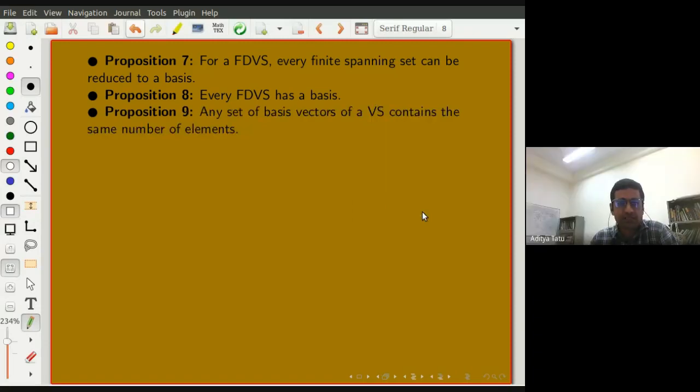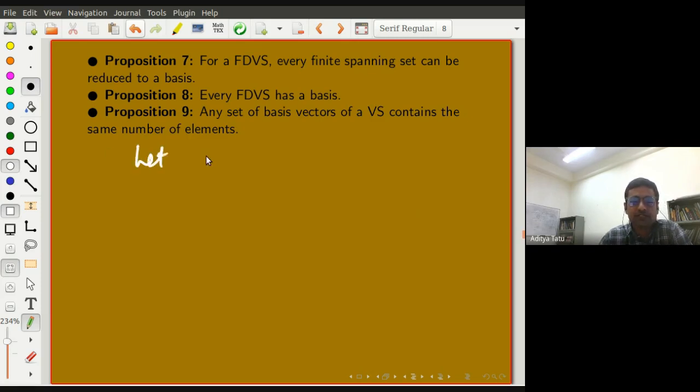The last proposition in this series is that any set of basis vectors of a vector space contains the same number of elements. If you have noticed, in all the examples of vector spaces and their bases, the choice of basis is not unique, but in all bases that we saw for a particular vector space, the number of elements had to be the same. How do we show this?